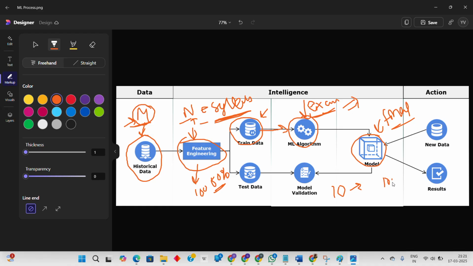You will be given 100 marks. You have answered 7 out of 10 and you got 70 marks. So how to test whether you got 70 marks or 100 marks? With the help of the test data set. There should always be a test data set, right?